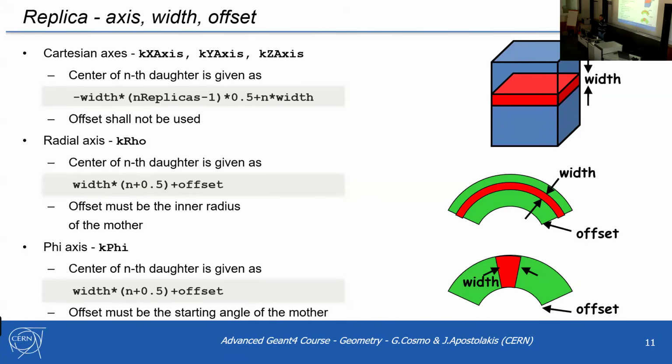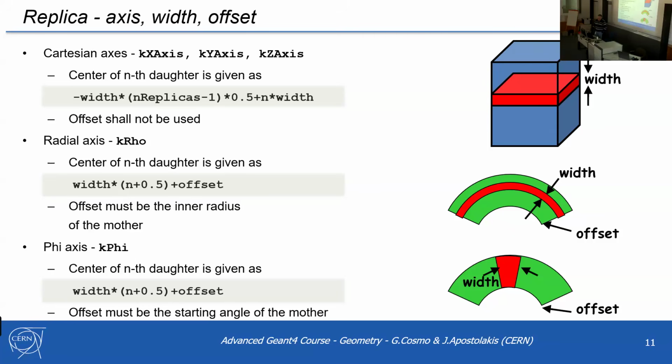So these are the three kinds of replications according to the different axes. And you can see for the case of the Cartesian axis that the center of each slice is given by this formula. And in this case, you don't have the possibility to use offsets.